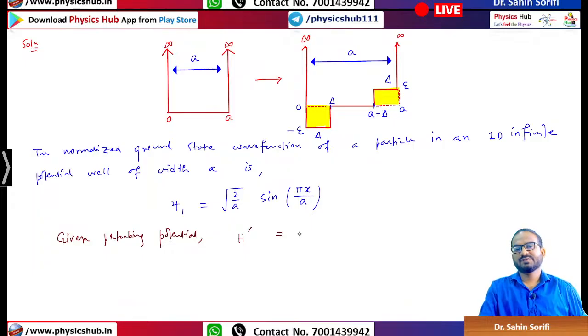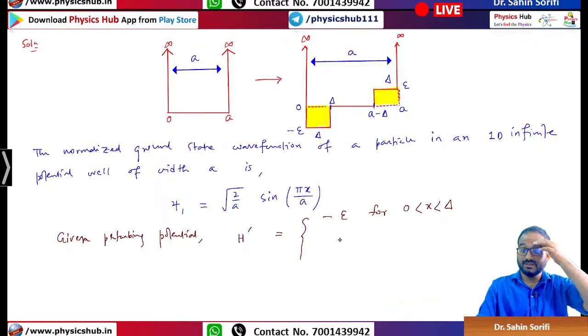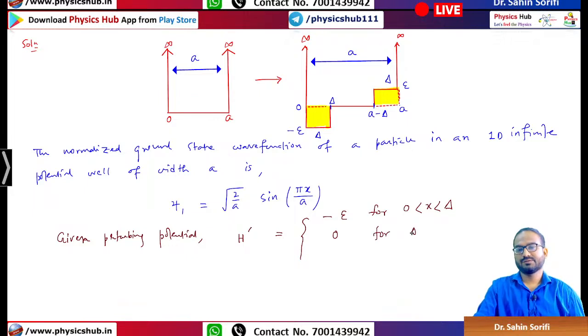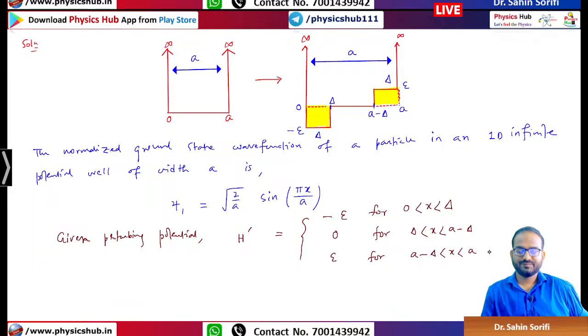So the perturbation says that it is minus epsilon when you restrict yourself between 0 and delta. It is 0 between delta and A minus delta, and it is epsilon from A minus delta to A. Is it clear?